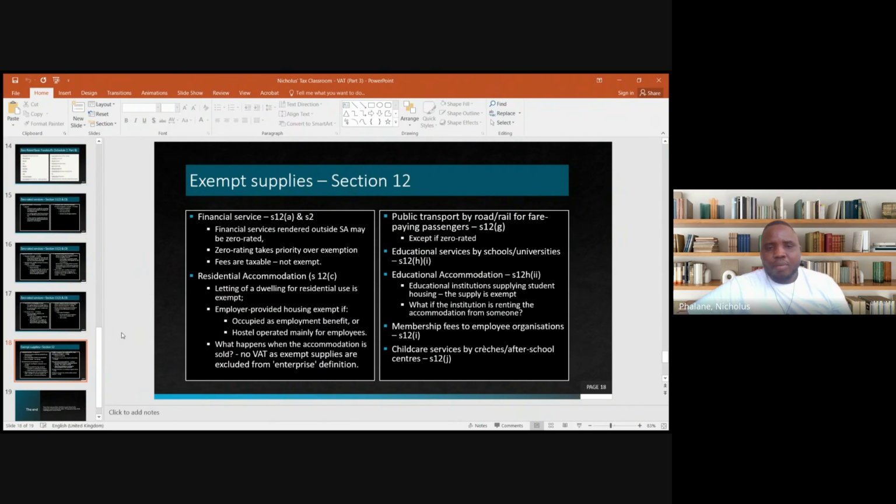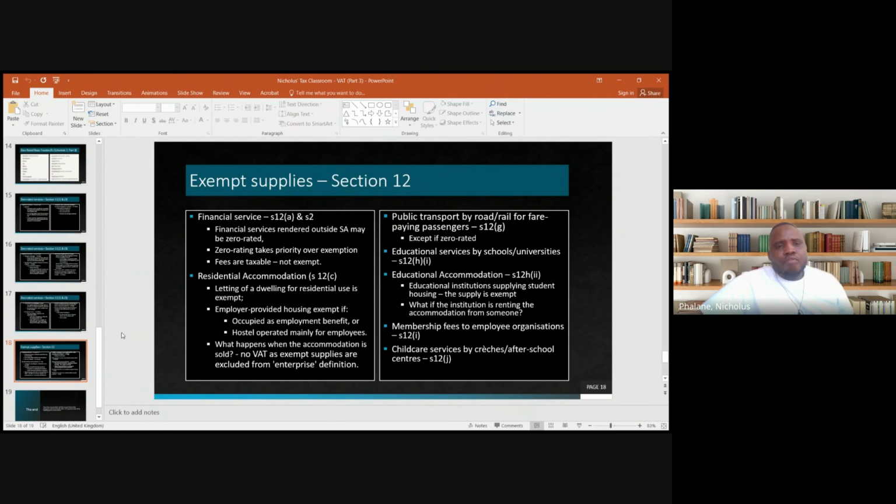But the moment you say they are zero rated, then you can claim input tax. If they're exempt, you won't levy any output, but also you won't claim input. If you zero rate, you will levy output at 0%, but you can claim input. So it's more beneficial if they are zero rated rather than exempted.